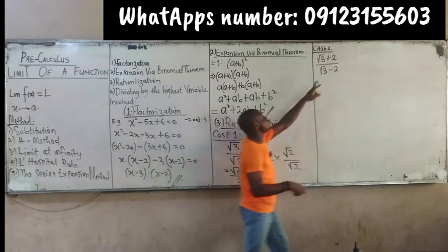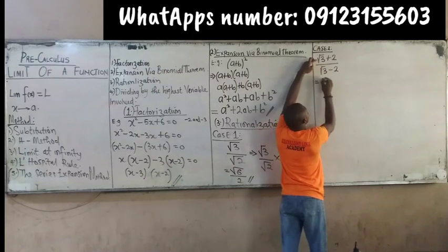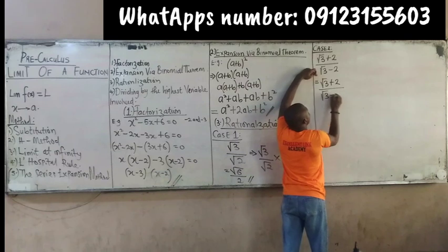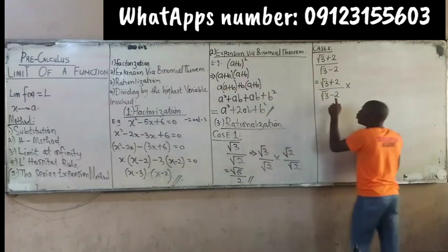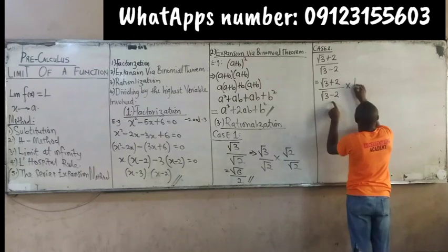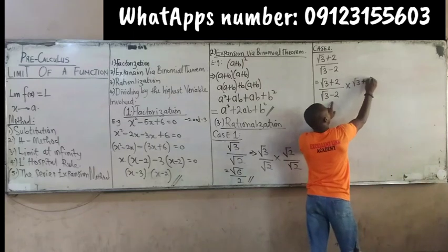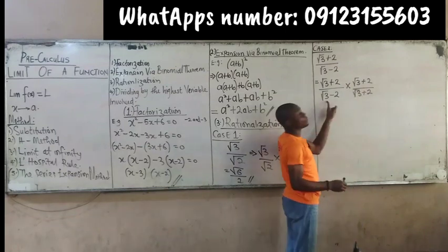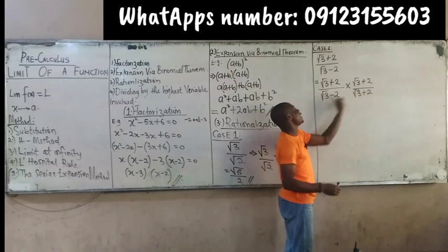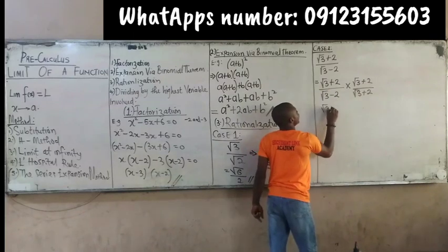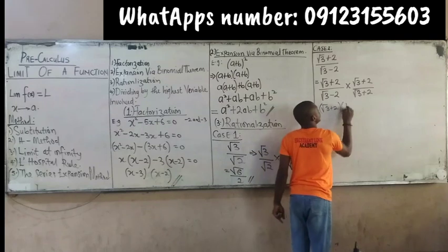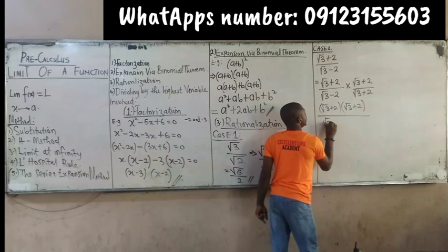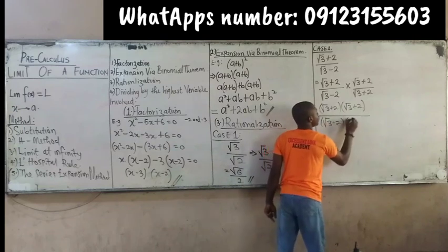So I have root 3 plus 2 all over root 3 minus 2, multiplied by root 3 plus 2 over root 3 plus 2, because this is the conjugate of the denominator. Hence, I'll have root 3 plus 2 all into root 3 plus 2, all over root 3 minus 2 all into root 3 plus 2.